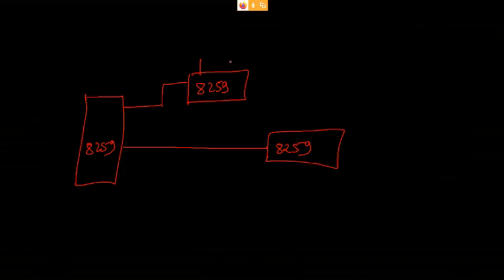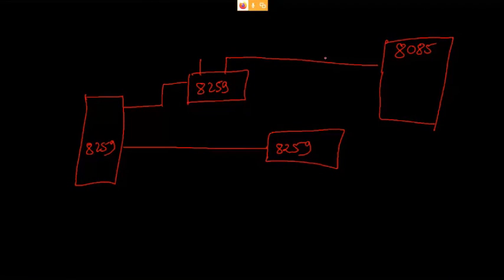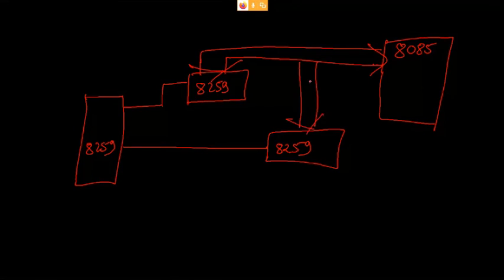This data bus will be connected to the data bus of 8085, so all of them will be connected together. The ISS address, that is the second byte and third byte, are loaded through these particular data lines only.